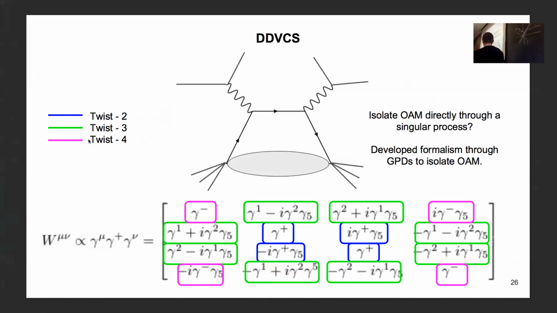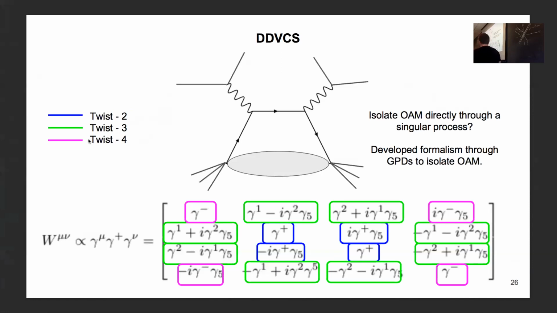You're actually able to get to both sectors that you want, and so maybe through double DVCS you can access OAM through a singular process instead of needing two processes. And so maybe developing a formalism for double DVCS would be useful.